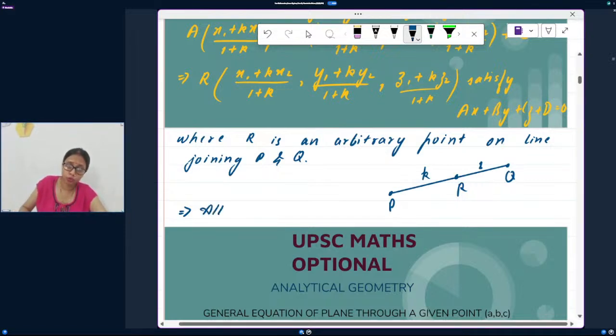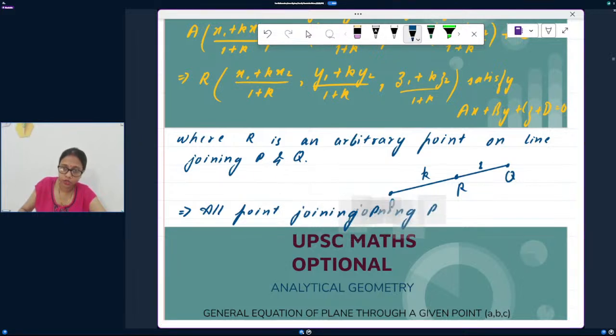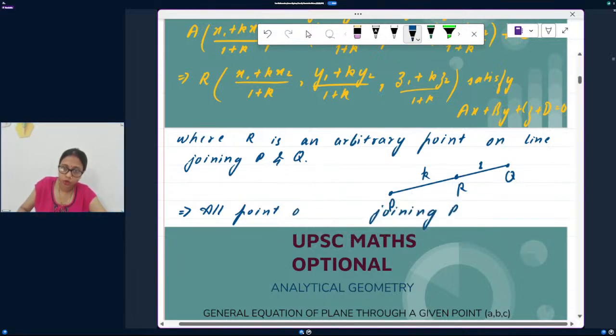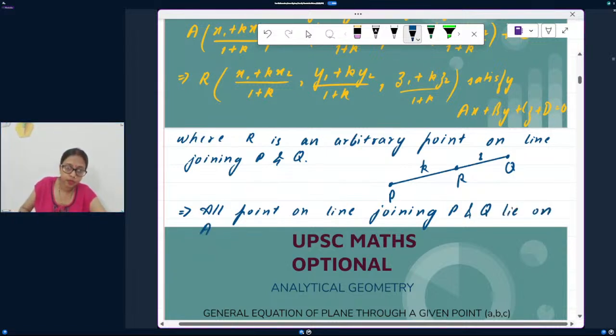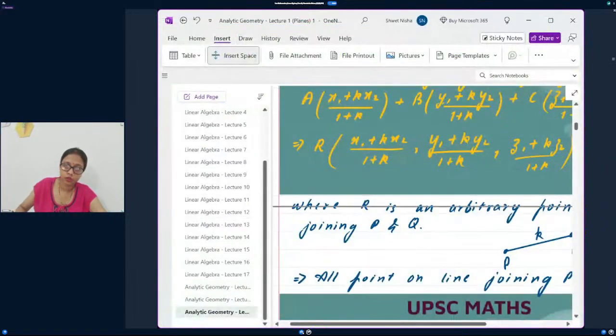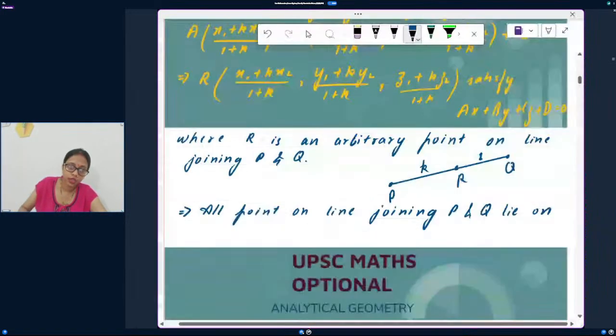That means all points on the line joining P and Q lie on ax + by + cz + d = 0.